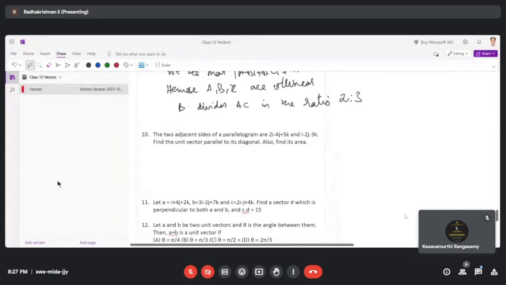The two adjacent sides of a parallelogram are 2i minus 4j plus 5k and i minus 2j minus 3k. Find a unit vector parallel to its diagonal. Also find its area. So what is the diagonal of a parallelogram?